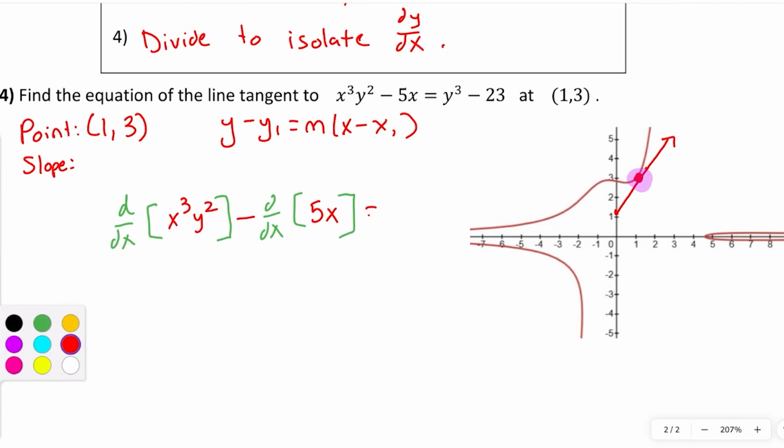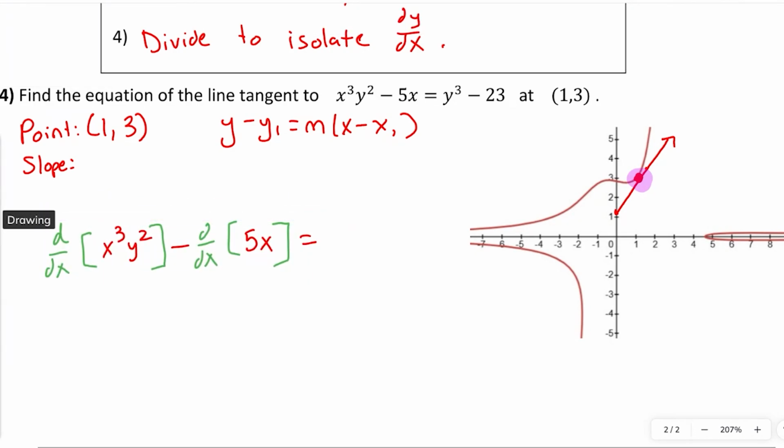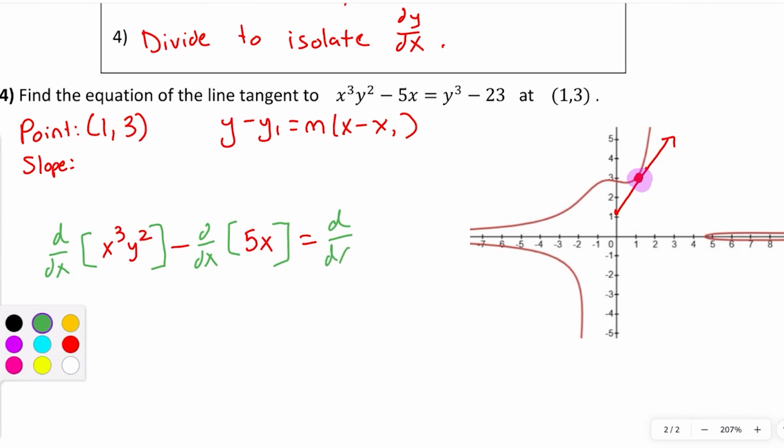Equals d/dx of y cubed minus d/dx of 23.